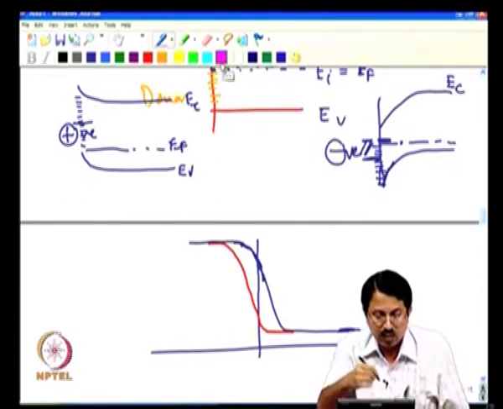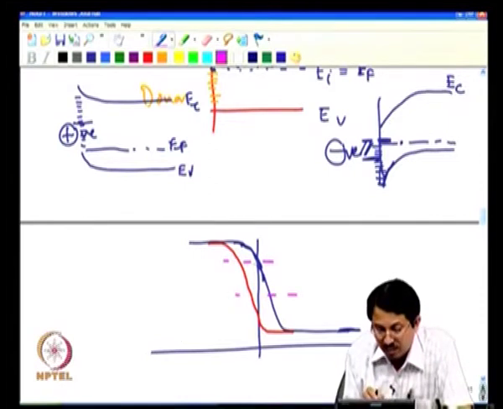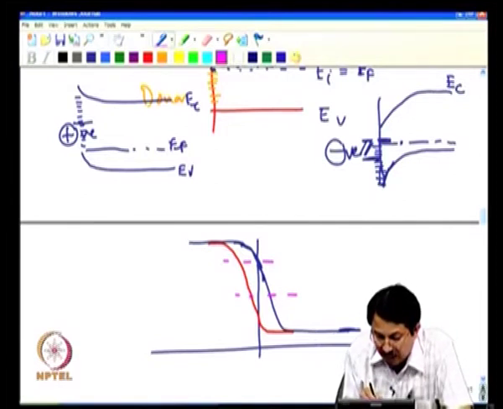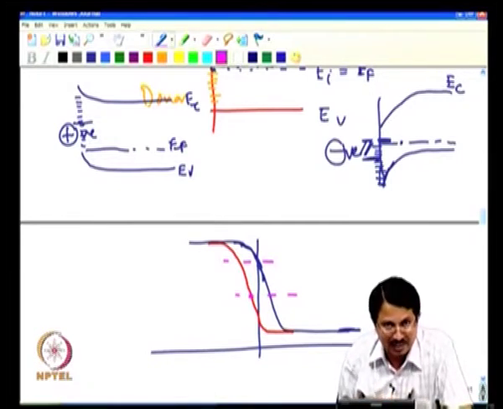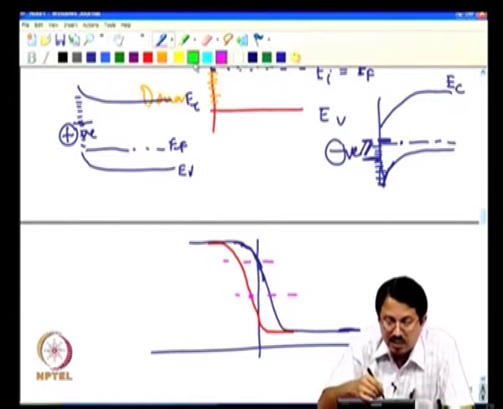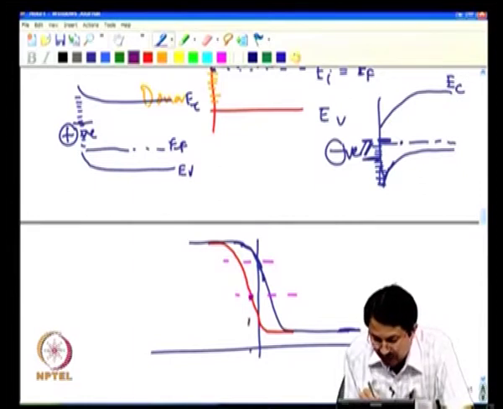So, somewhere here this is VFB, this is all flat band, somewhere here I have a mid gap condition, you see, this is flat band, this is deep accumulation, this is deep inversion, and somewhere here I have a mid gap condition. At mid gap condition there are no extra charges because of interface states. Okay. So, which means your capacitance value will be exactly here for this gate voltage.